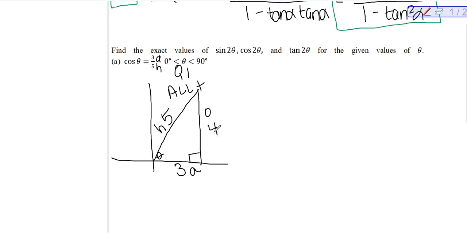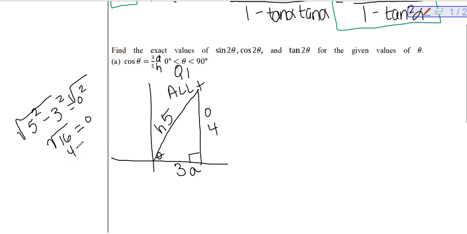It's a 3, 4, 5 right triangle, a Pythagorean triple. And if you need the Pythagorean theorem to help you determine that, you should know the 3, 4, 5. You need to know it. If you don't, you just do the Pythagorean theorem: 5 squared minus 3 squared equals the opposite side squared. So that's the square root of 25 minus 9, which is the square root of 16, which is 4. Okay, could we close the door real quick?